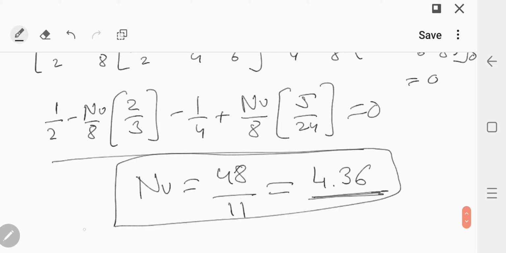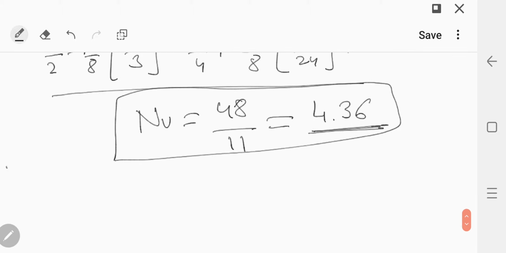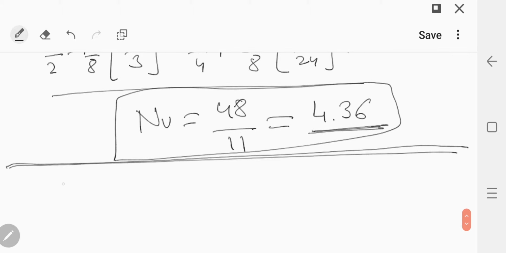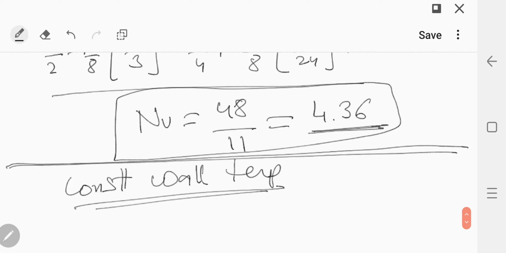Now this you might be remembering, 4.36. This is the minimum Nusselt number for a laminar fluid flowing in a pipe under constant heat flux conditions. Similarly, we can derive it for constant wall temperature.